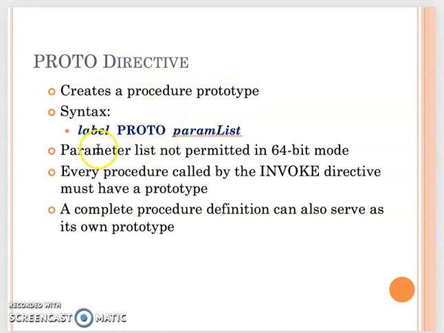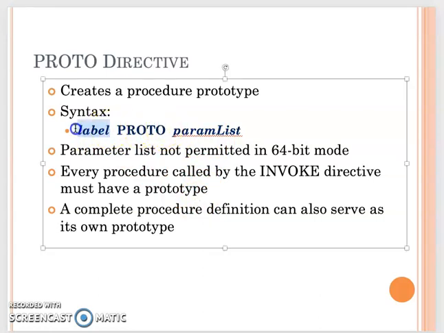If you want to use INVOKE and you have your PROC directive with the parameter list, they require a prototype if you don't have the procedure definition before you invoke it. Your prototype, like we showed earlier, has the label as the procedure name, then the PROTO keyword, then your parameter list.